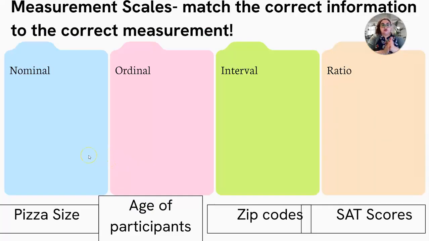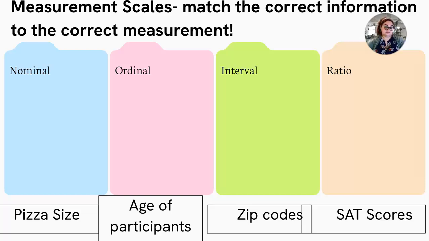Okay. So let's look for the nominal data. Pizza size can be ordered, so it's not nominal. Age of participants, well, I can be twice as old as somebody else, so again, not nominal.